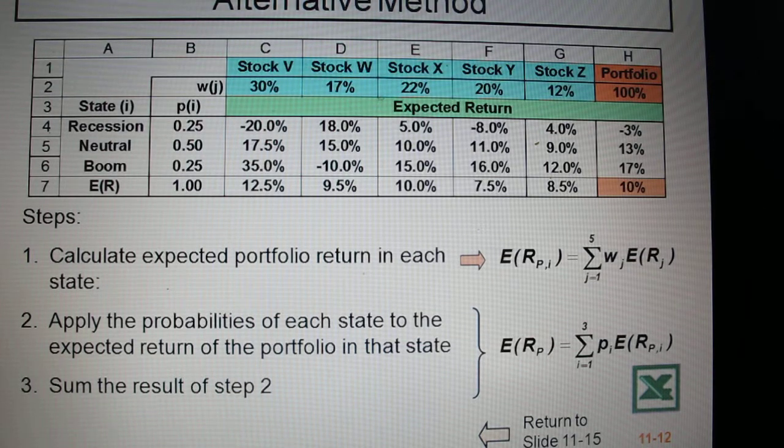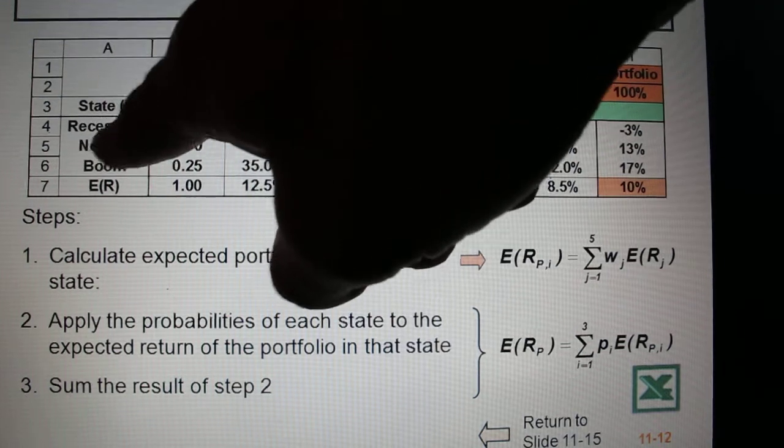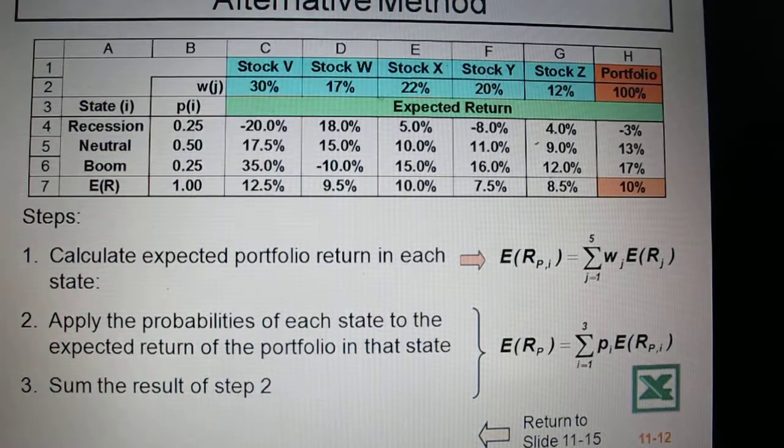So the expected portfolio return also has an alternative method. The alternative method takes a different approach by calculating expected return in the portfolio in each state of the economy, then applying the probabilities to again arrive at the portfolio's expected return. So it's doing something similar to what we just did, but it's also taking into account recession, neutral, and boom, which complicates things.